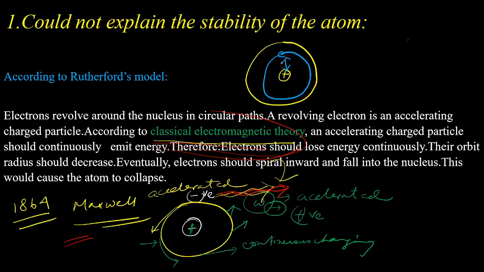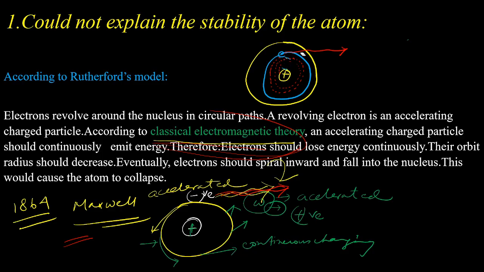So during the rotation of the electron around the nucleus, due to the release of electromagnetic energy, electrons are losing energy and they are coming closer to the nucleus.